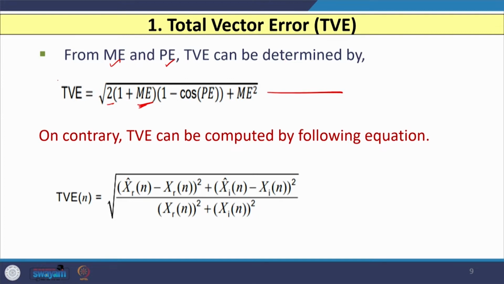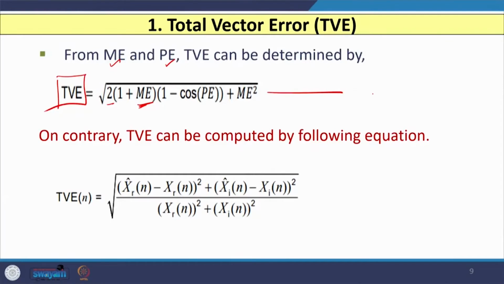So, finally, you will have the total vector error. This is one of the ways: if I wish to calculate the total vector error in PMU, I first calculate magnitude error, then I calculate the phase error, and based on this, using this equation we can calculate the value of total vector error.